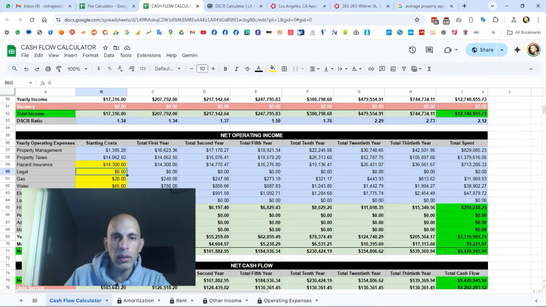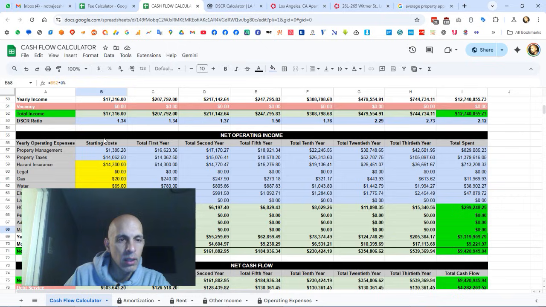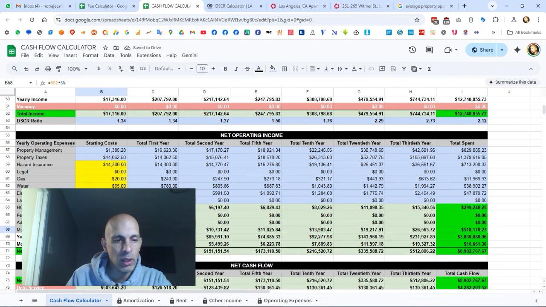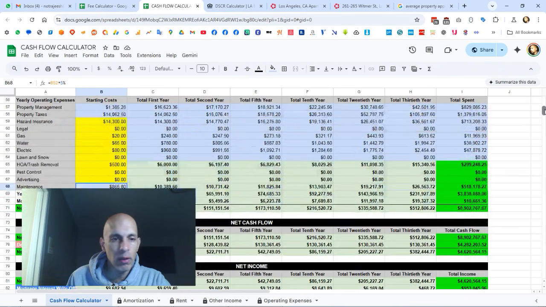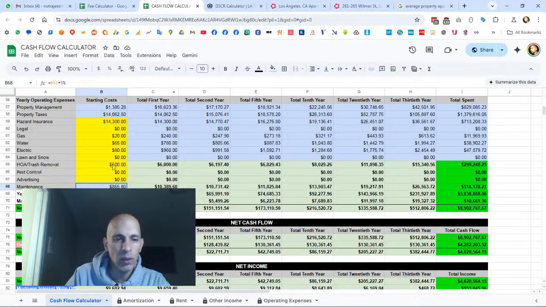So let's see here. As far as maintenance, we're saying 418. And we're going to keep it proportional because some of these are percentage based. The more tenants you have, the more maintenance you're going to need. The important thing is the percentages. This was based on 10% originally, and I lowered it to 5, or a half.